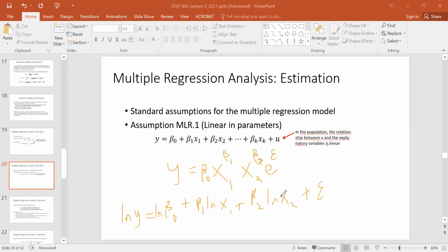Then we have linearized it, okay? You can easily redefine the constant here to be alpha 0 and so on. Okay, let's move on. So that's linear in parameters.